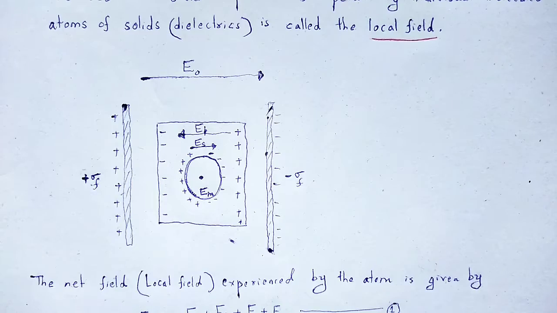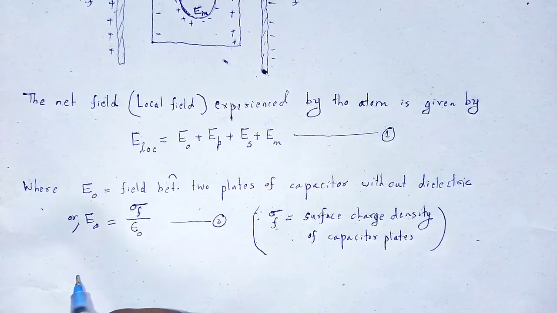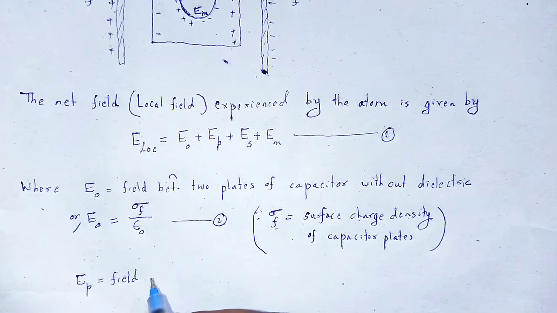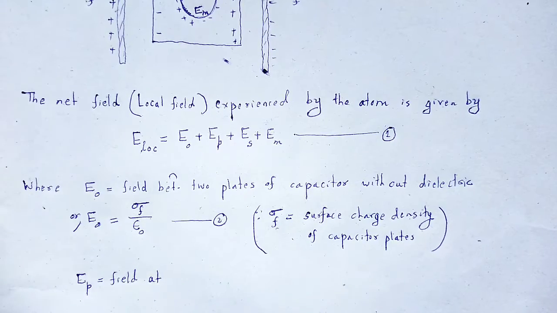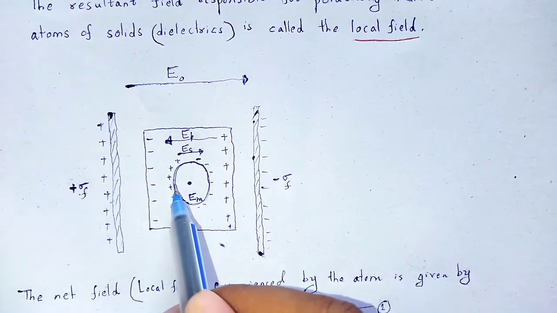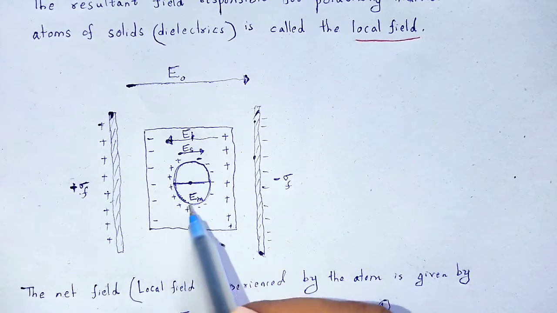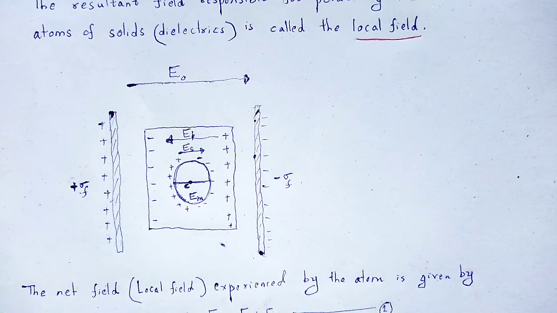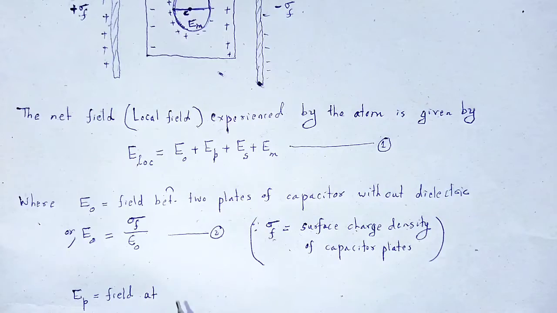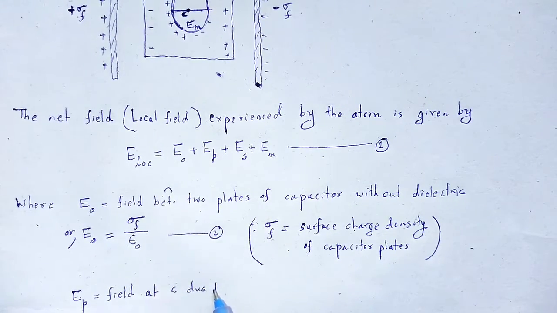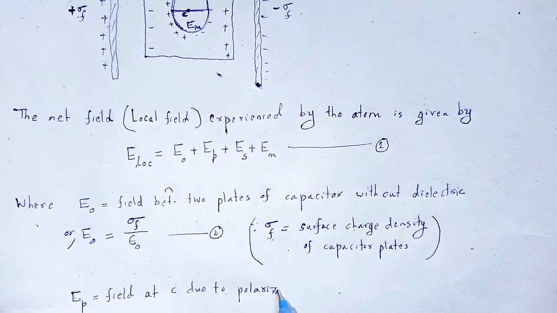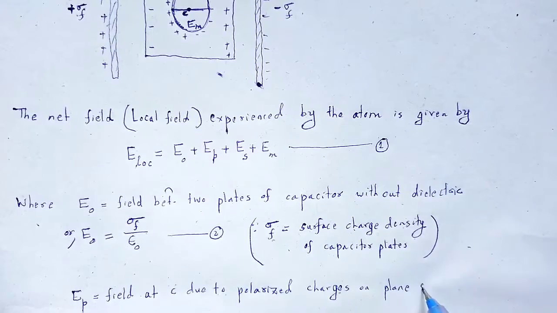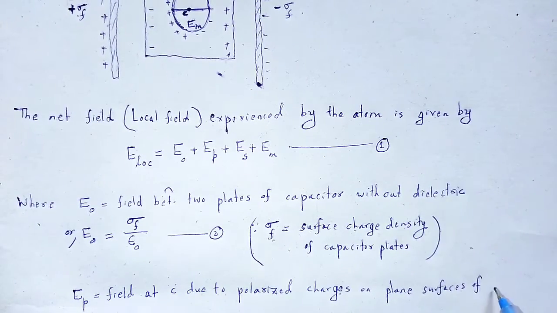Next, EP, that is the field at the center of that spherical surface due to polarized charges on plane surfaces of dielectric.